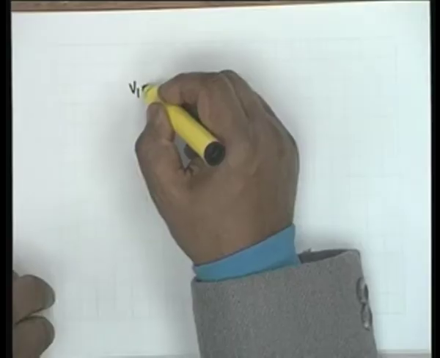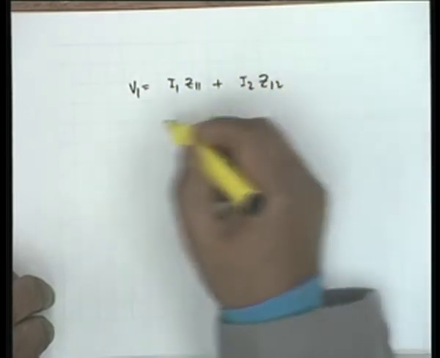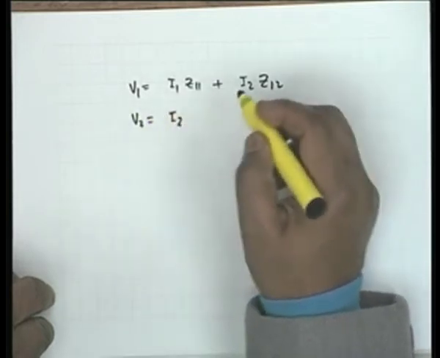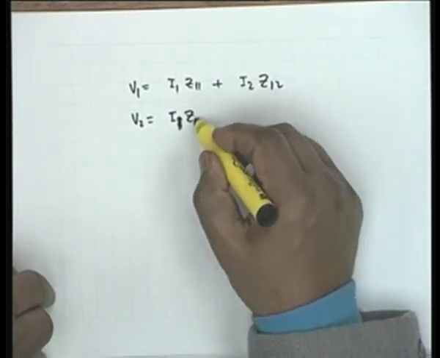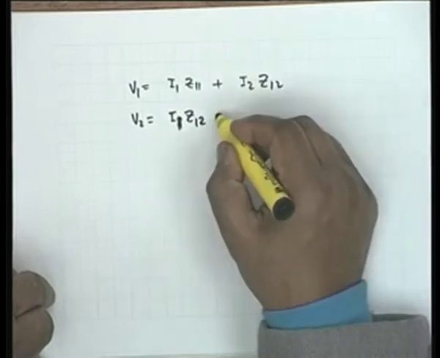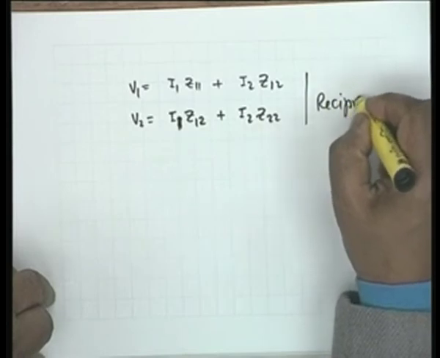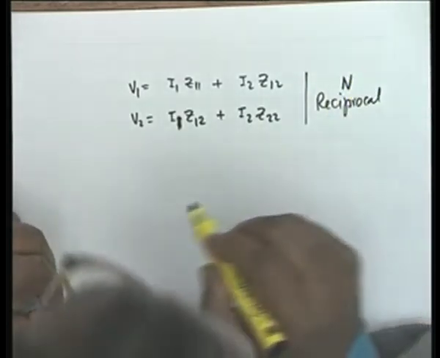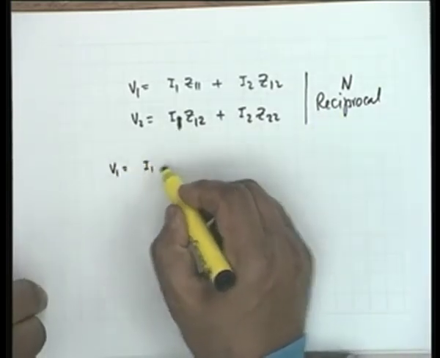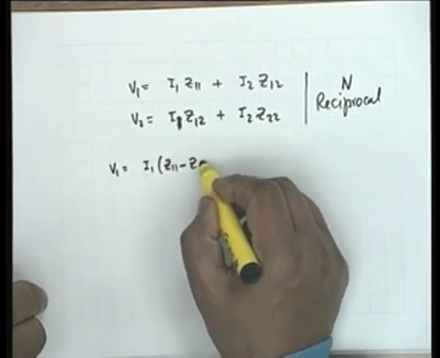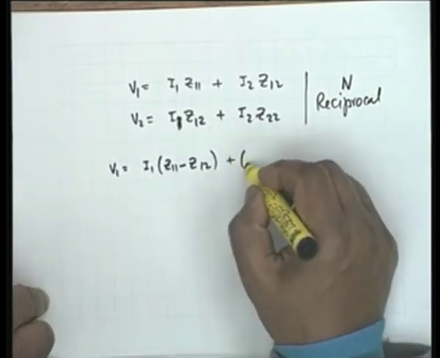Let us take the defining equations. V1 equals I1 Z11 plus I2 Z12 and V2 equals I1 Z21, I should write Z12, we assume reciprocity, therefore it is I1 Z12 plus I2 Z22. Look at the first equation, I can write this as I1 times (Z11 minus Z12), I subtract I1 Z12 and add I1 Z12.